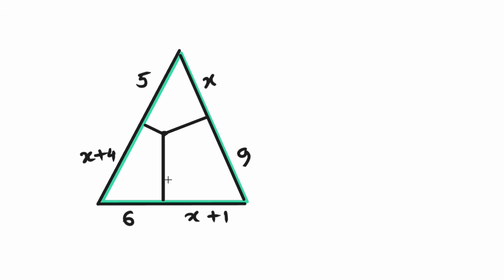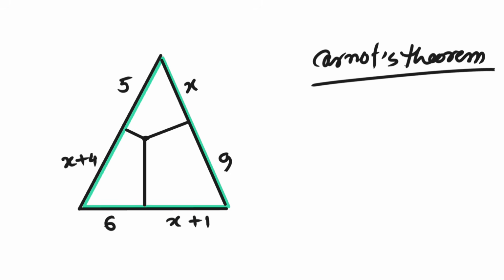Now, notice that the perpendicular construction inside the triangle gives us exactly the setting where Carnot's theorem for perpendiculars can be used. The important idea behind this theorem is that for a point inside a triangle with perpendiculars drawn to the 3 sides, the sums of the squares of the alternating side segments are equal.